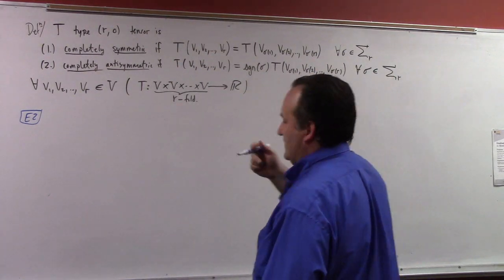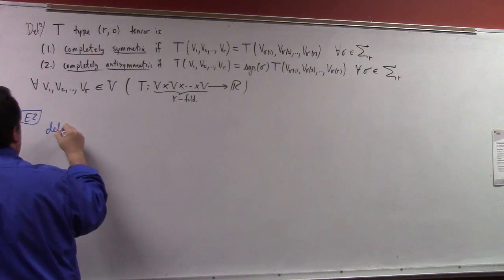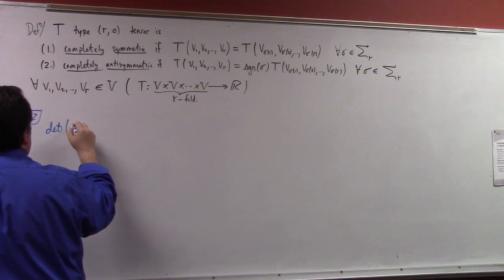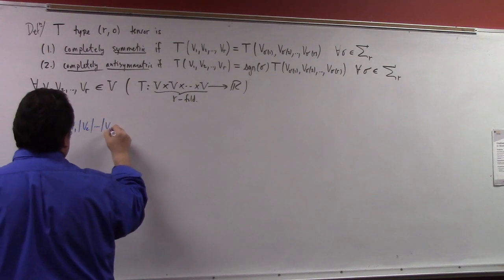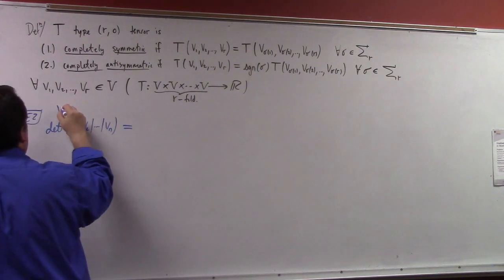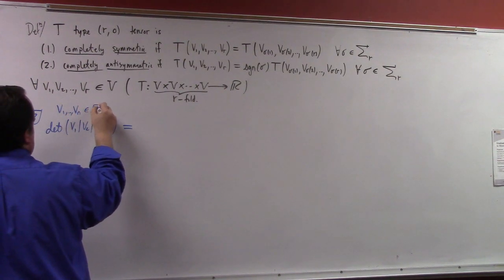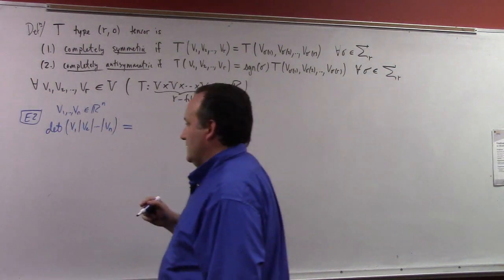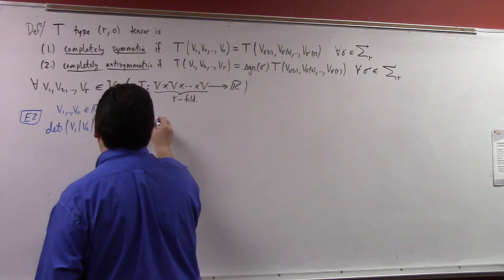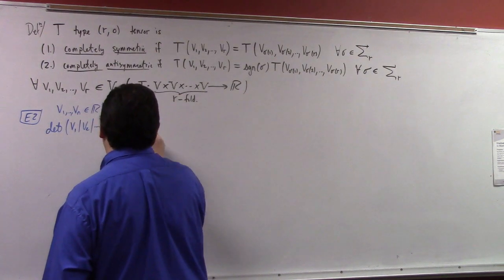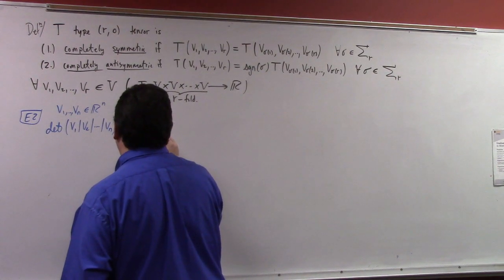So let me circle back to my determinant formula, all right? You could define the determinant of, let's say, V1, V2, ..., Vn, where V1 through Vn are elements of Rn, they're just column vectors. You could define that to be the sum, oh, curses.